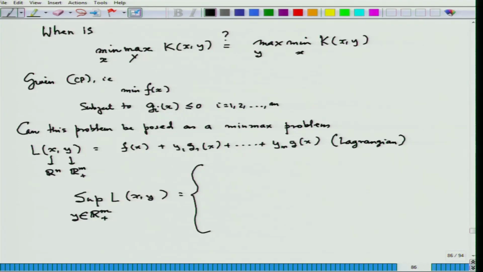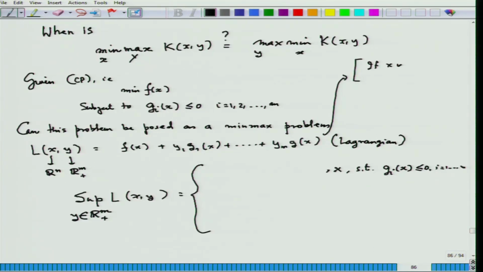Now, suppose I pose that every y_1, y_2, ..., y_m is greater than or equal to 0, and I take x to be feasible. If I have taken x which is feasible, then y_1 g_1(x), y_2 g_2(x), ..., y_m g_m(x) are all less than or equal to 0. When this happens, let me do the calculation on the side.